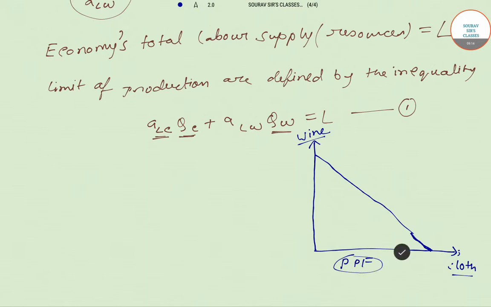Now here we'll write it as the PF. We know this is the equation. At this point, as you know, this is cloth, so at this point wine is 0, so ALC times QC equals L. As this becomes 0, the quantity of cloth at this point will be L by ALC.